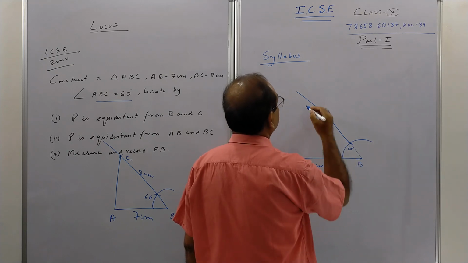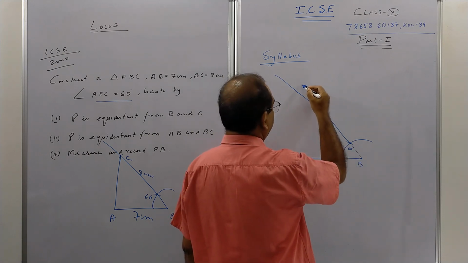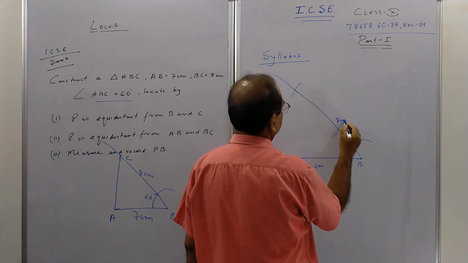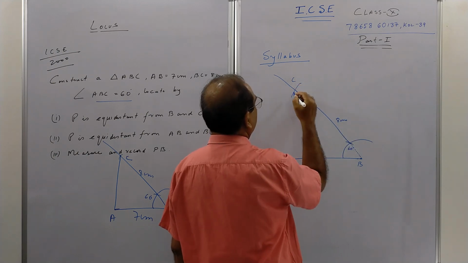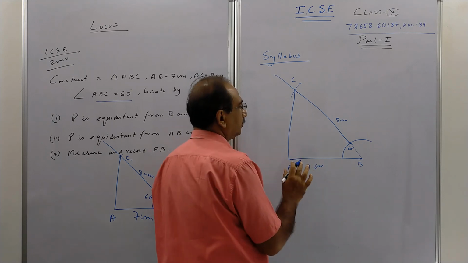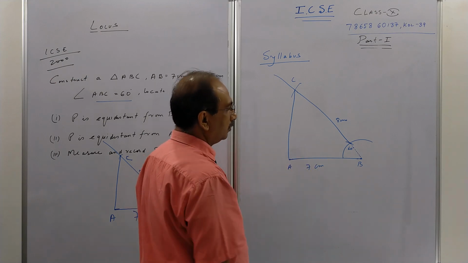You produce it and you cut 8 centimeter. So this point I call it C. You join with A. So this gives you 1 mark.